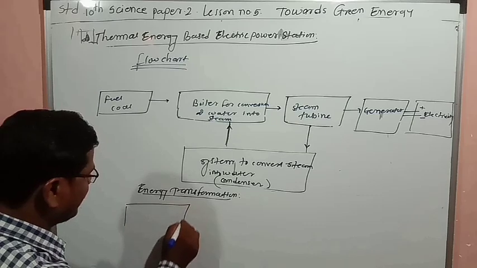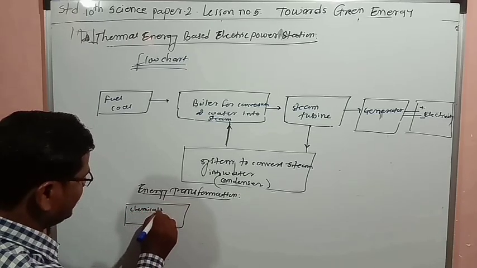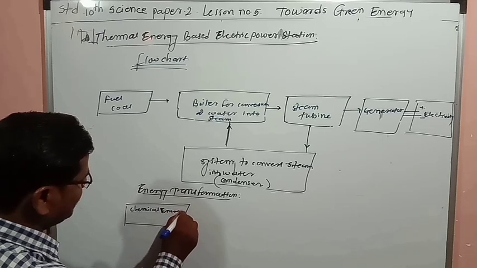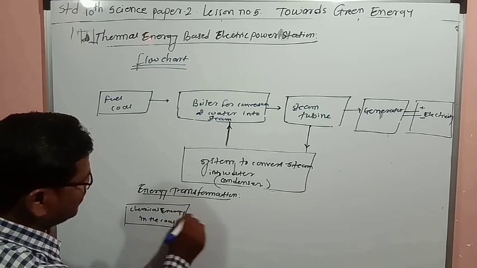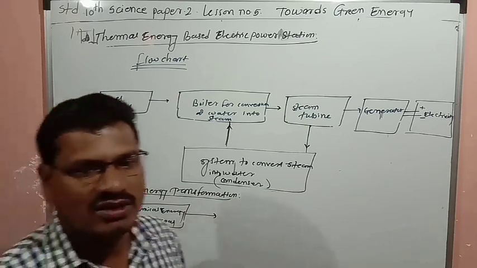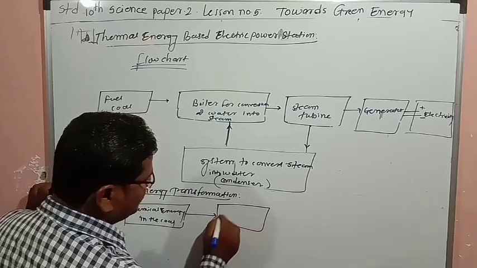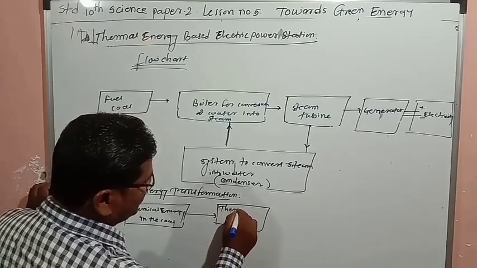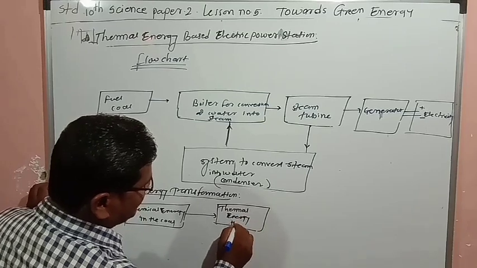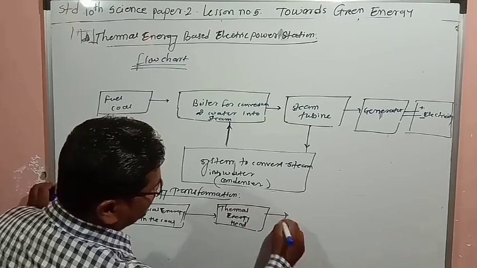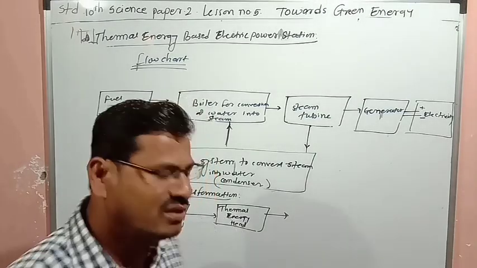First there is chemical energy in the coal. Chemical energy is firstly converted into thermal energy, that means it is converted into heat. Then thermal energy is converted into kinetic energy in the steam.